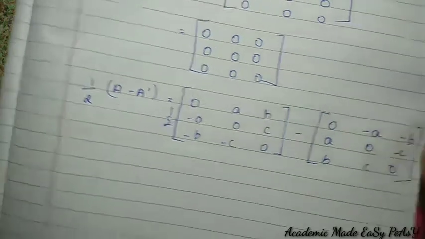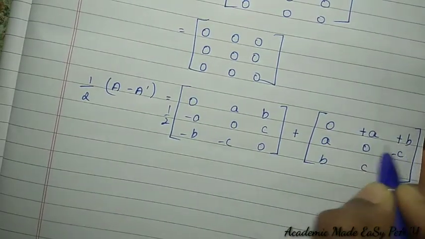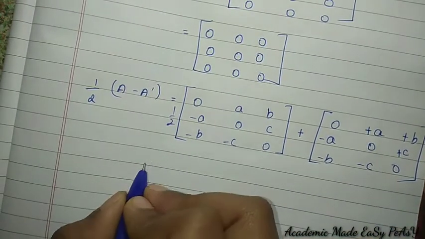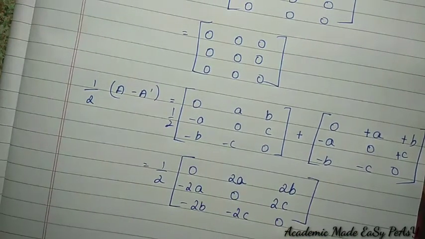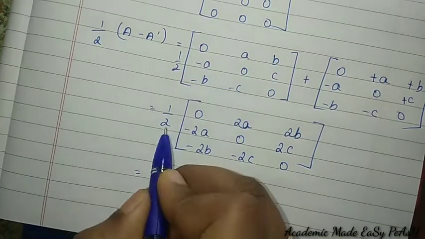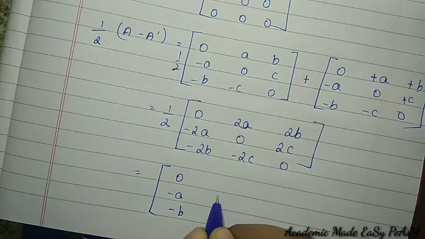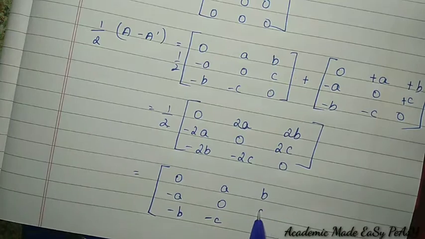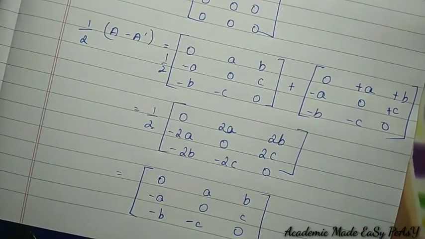Since it is negative over here, I am changing it to positive: negative, positive, positive, negative, positive, negative, negative. So now I will be adding these two. So half of, therefore, finally, if I multiply this inside, I will get 0, minus A, minus B; A, 0, C, minus C; B, C, 0. So hence we have found these two.